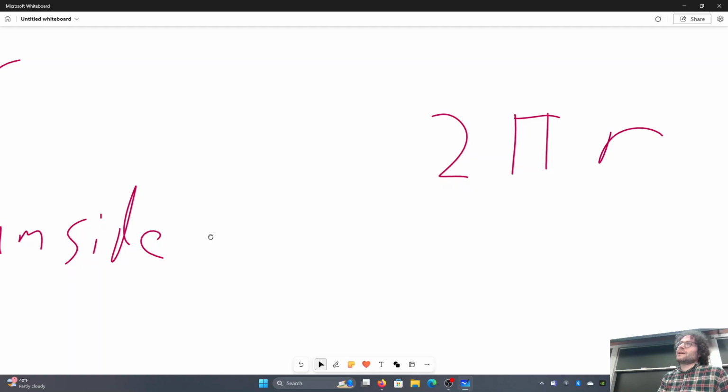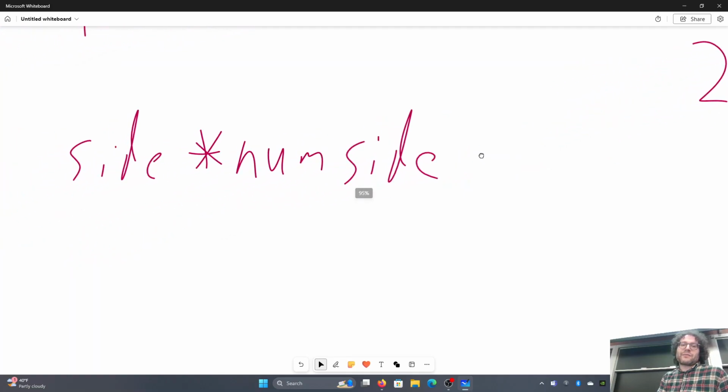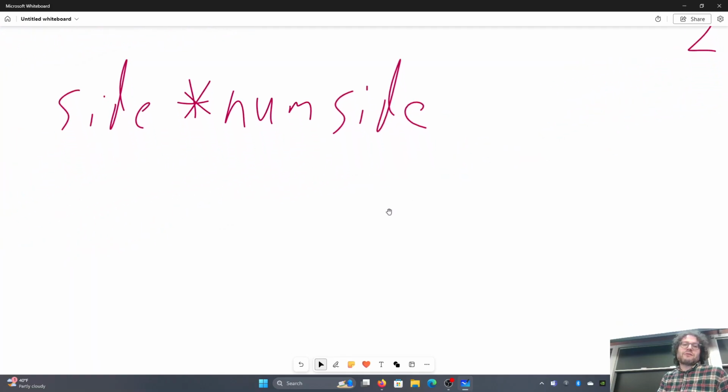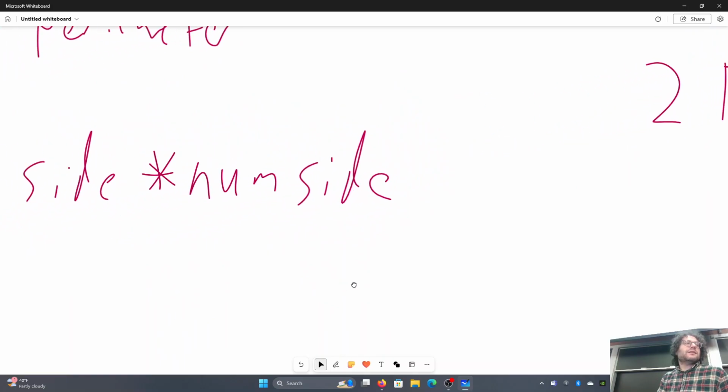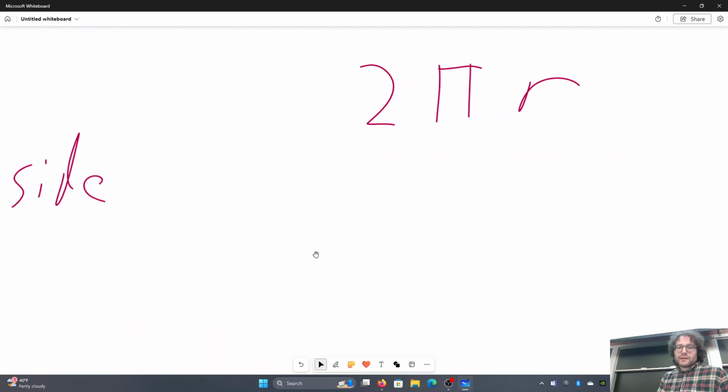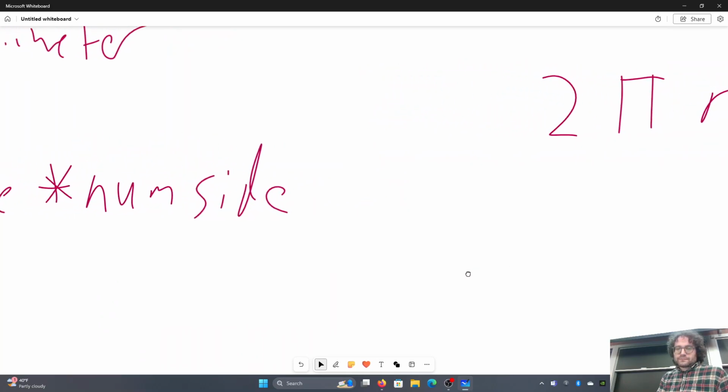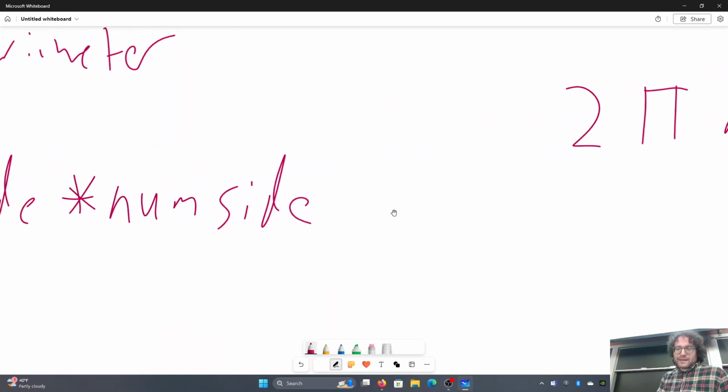So they're going to tell us what the radius is. Instead of drawing something with a radius, we're going to draw something with a perimeter instead, okay?